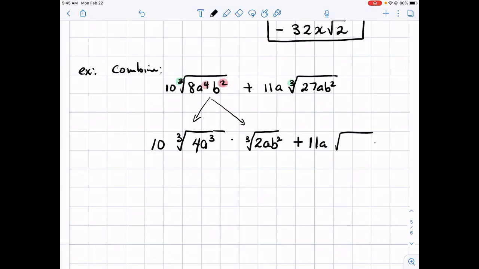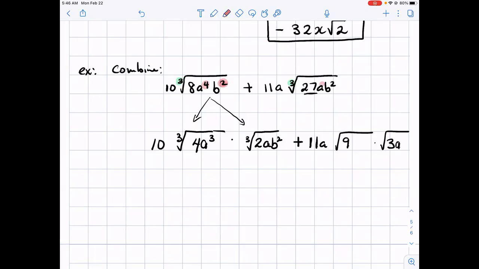And what two radicals am I going to simplify this to? Well, 27 can be 9 times 3. Okay, 9 times 3. And this a has a power of 1, so that is less than 3. So that stays with that 3.